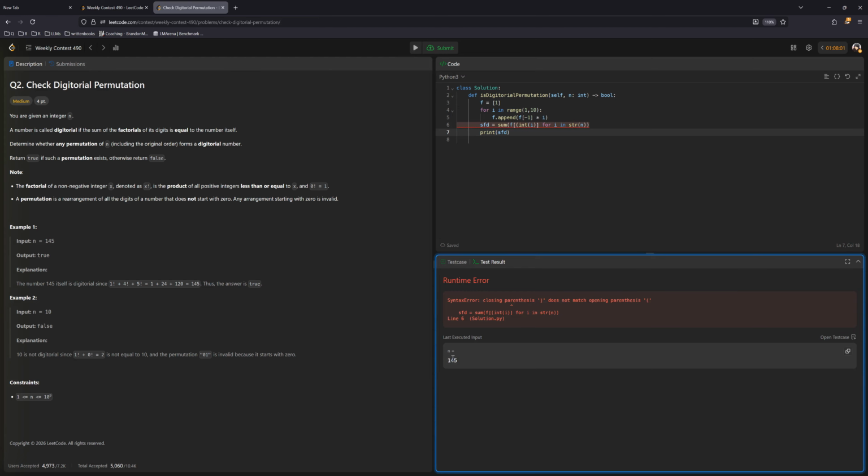Sum of factorial digits, 145 seems to be working. 145 exactly equals.